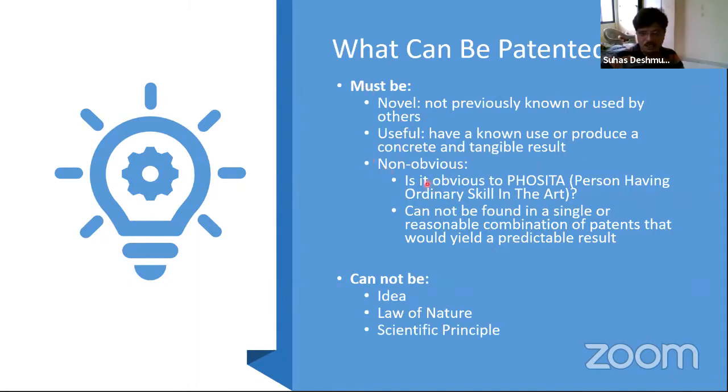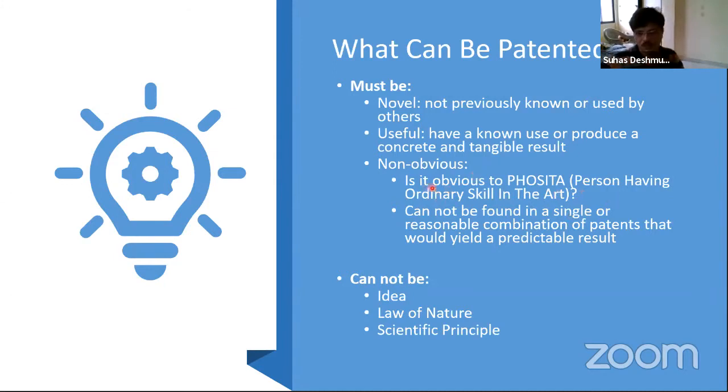Then the next one is that it should be non-obvious. Obvious means anybody can do it. For example, if somebody is doing some athletic activity, it is completely non-obvious to any other person, or some other idea which is not thought of by any other person. That is what is called non-obvious.